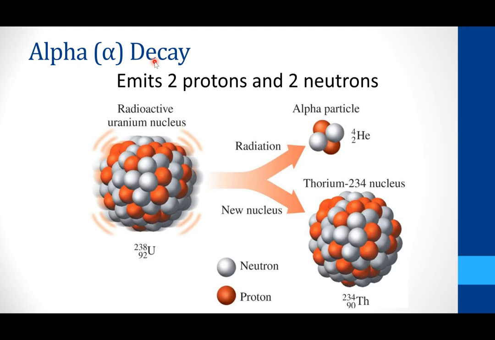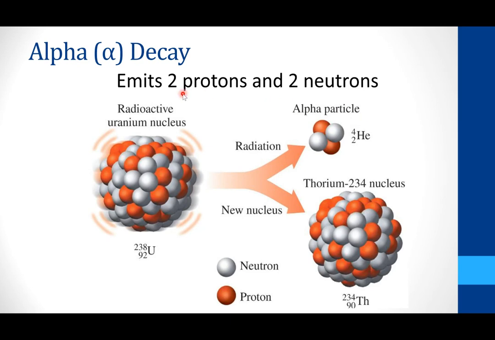There's lots going on in this slide, so I want to make sure that I break it down nice and slow for you guys. When we have an unstable nucleus and it undergoes alpha decay to gain stability, it's going to emit an alpha particle. So what is an alpha particle?